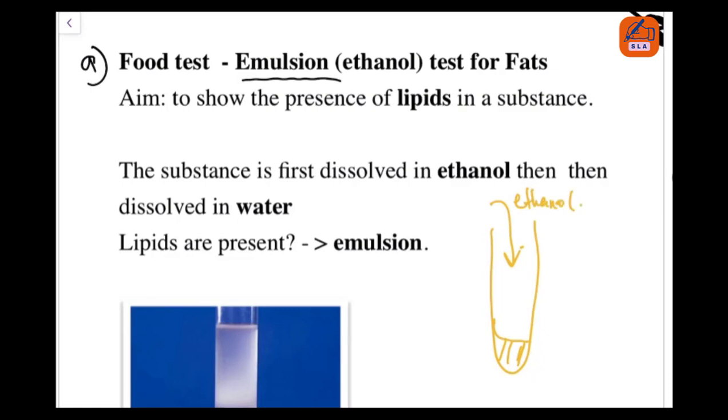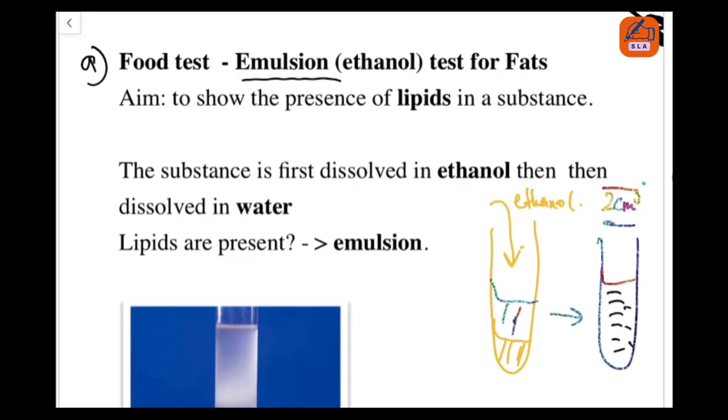Alright, students? We add ethanol, let's say 2 cubic centimeters, and then you shake it. After you shake it, my dear students, you let this mixture settle in a test tube rack.